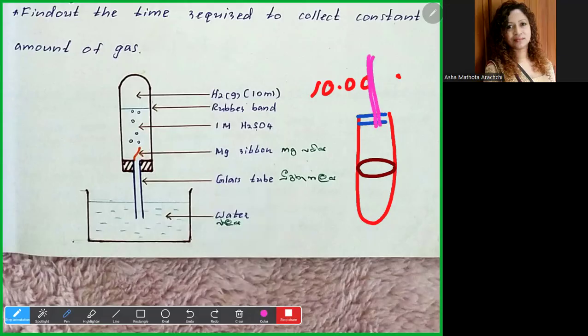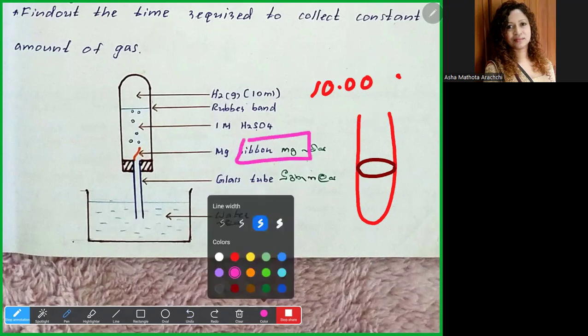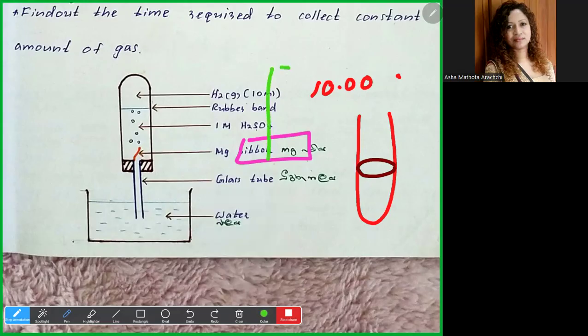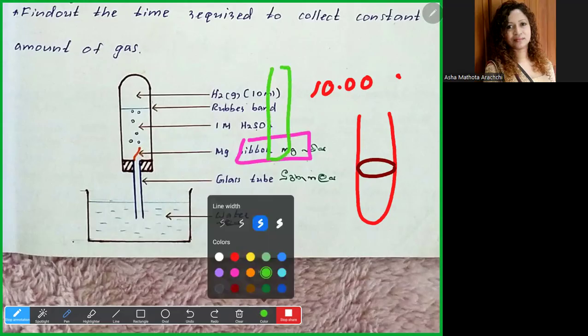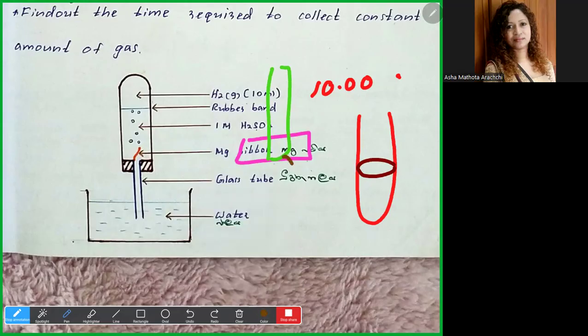At the same time, we have a separate cork, and to that we are fixing this glass tube. In there, we are trapping this little piece of magnesium. Clear that? Okay.